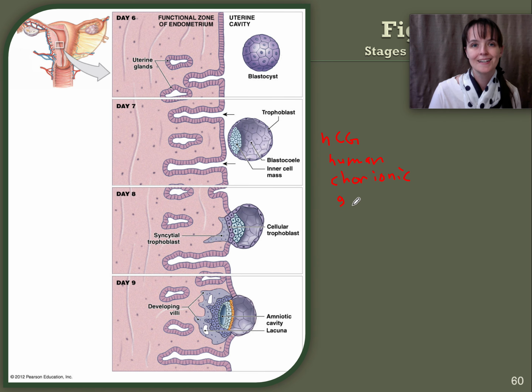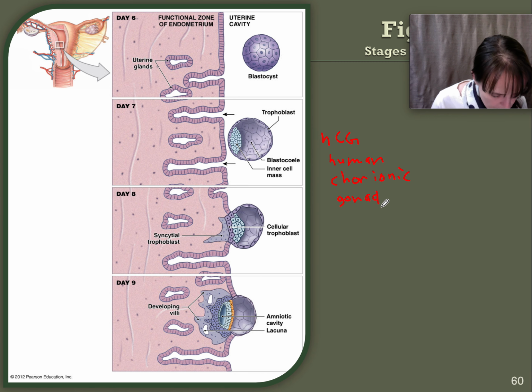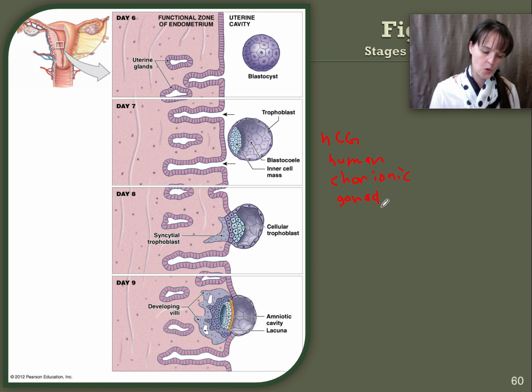The two gonadotropins were FSH and LH, and this is a different gonadotropin. There we go. And it's from the chorion.